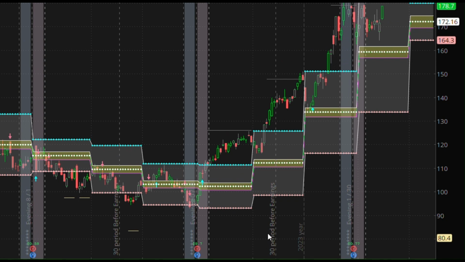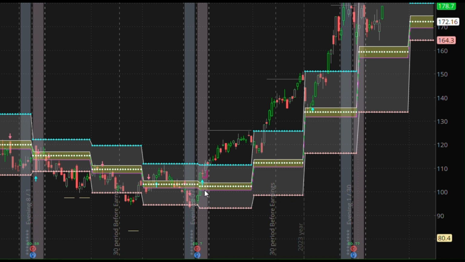Let's look at some individual stocks. This is the AMD daily chart. If we had bought here and sold here, we might have lost 5%. So I don't encourage buying in the middle of the quarter or right before the earnings. That is not a real trend. Right after the earnings, we got a buy signal here.